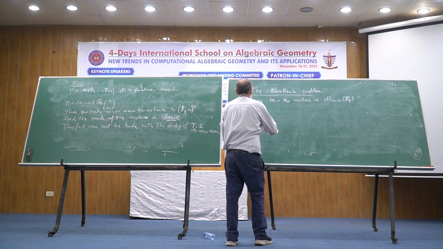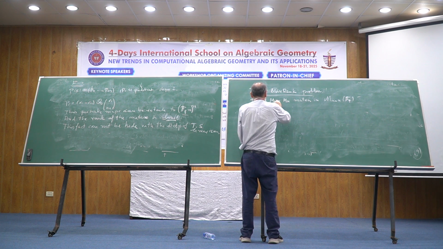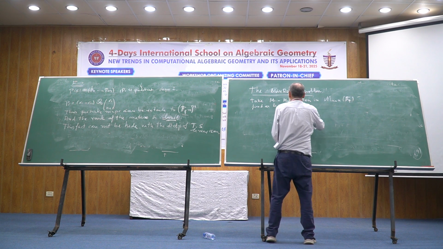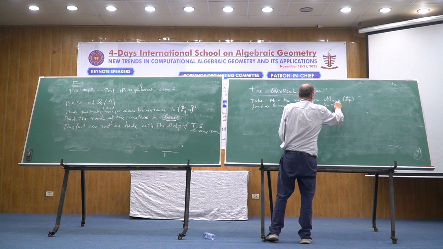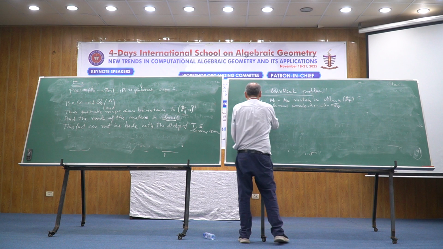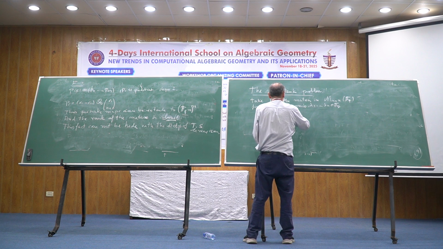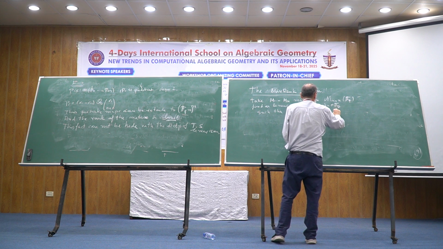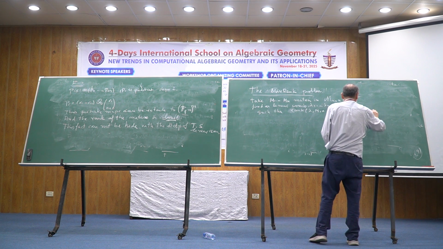And find a linear combination with coefficients lambda 1, ..., lambda k, such that the rank of lambda 1 M1 plus ... plus lambda k Mk is low, less or equal to r, and r is low.